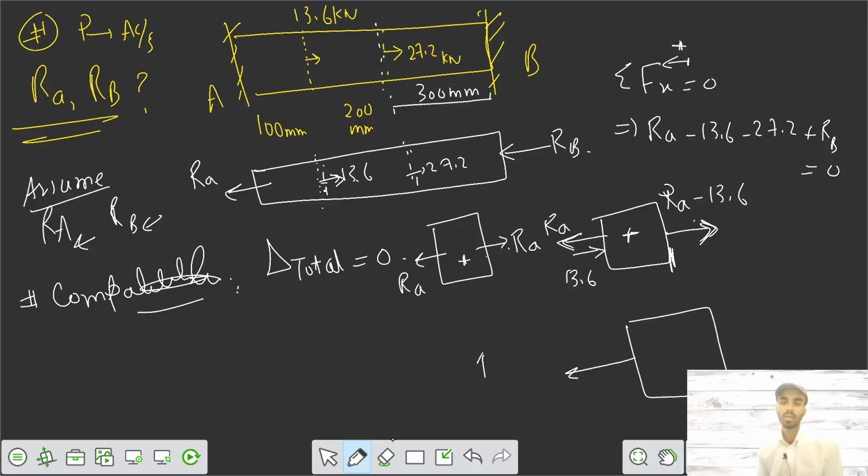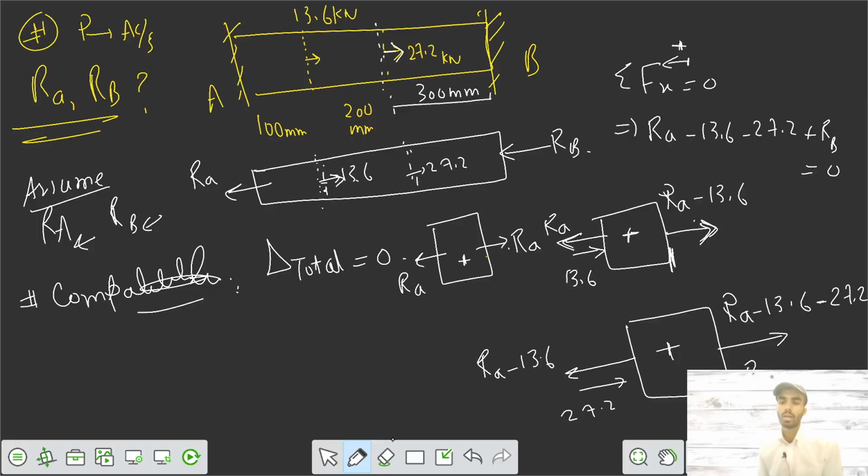And for the third one you have RA minus 13.6, and the effect of 27.2 is in this direction, so we can say this one is 27.2. And finally, assuming the net to be positive and RA to be more, we can say RA minus 13.6 minus 27.2.